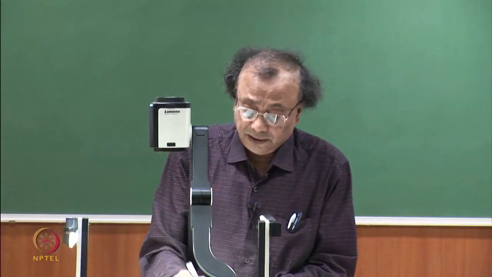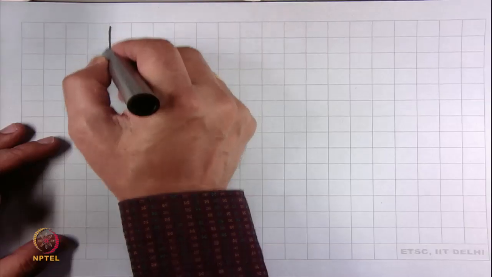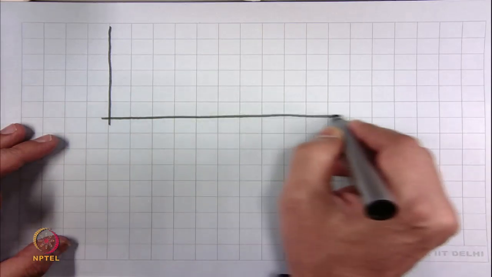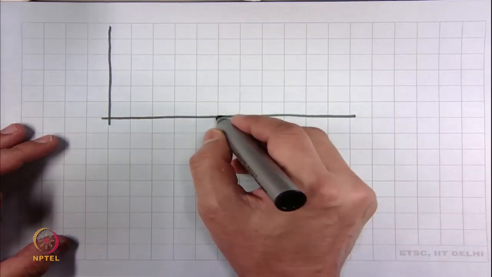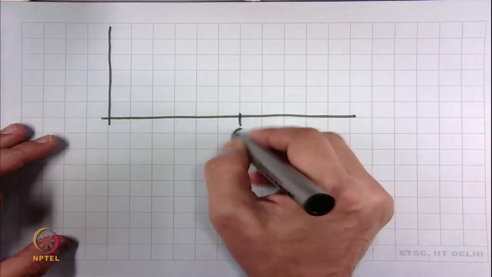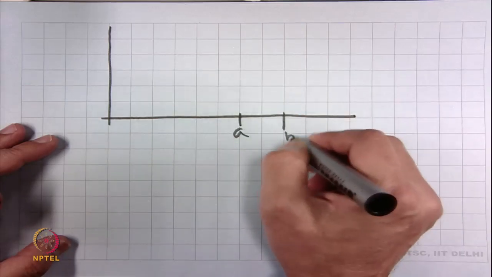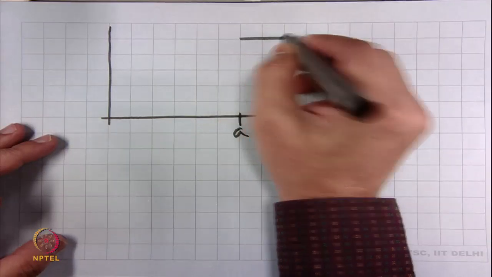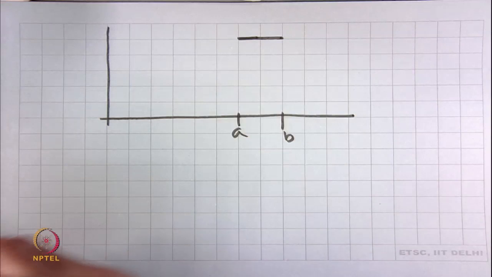So, diagrammatically if we look at it, it is the following. There exists an interval a to b on which the membership function is 1.